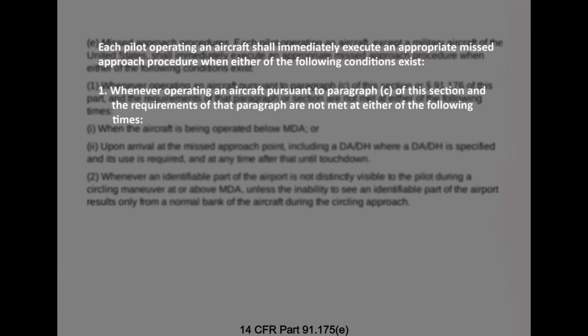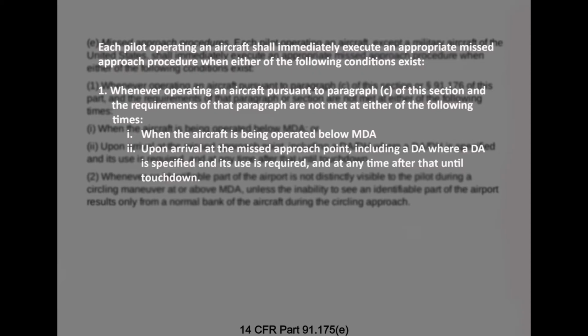Whenever operating aircraft pursuant to paragraph (c) of this section, these are the 3 requirements we previously outlined to initiate a descent below the DA or MDA, and the requirements of that paragraph are not met at either of the following times. First, when the aircraft is being operated below MDA, and second, upon arrival at the missed approach point, including a DA, where a DA is specified and its use is required, and at any time after that until touchdown.